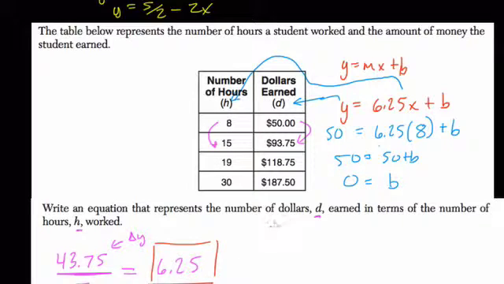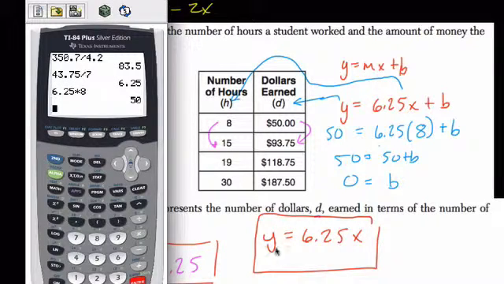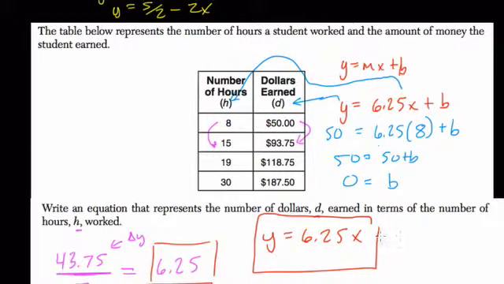So that means our equation is y equals 6.25x plus 0, or just y equals 6.25x. You can test that here. This means that we multiply our number of hours by 6.25 and we get the dollars earned. So 19 times 6.25 should equal 118.75, and it does. Just replace it with the appropriate variables and you're finished.